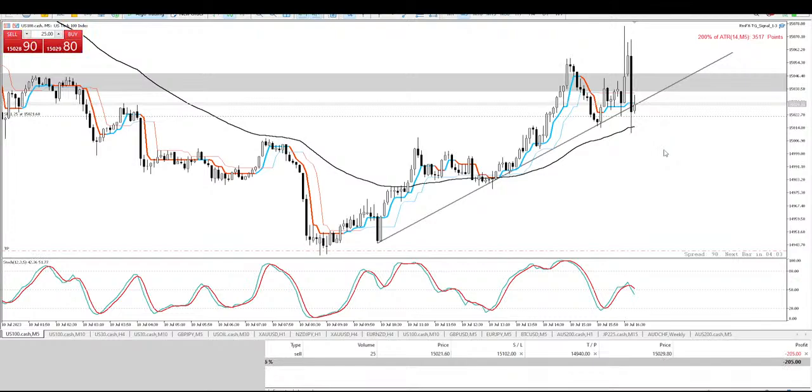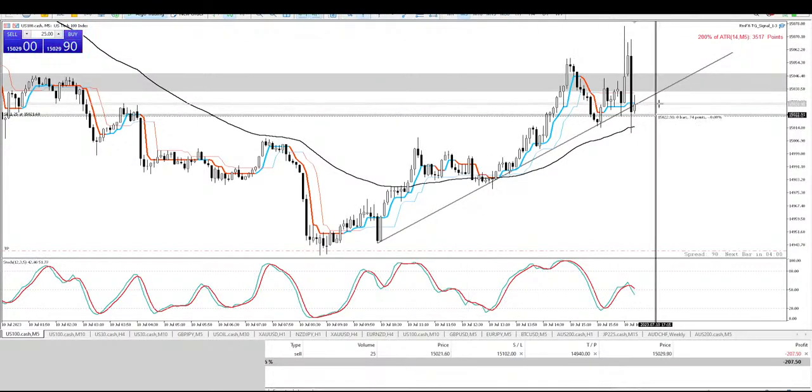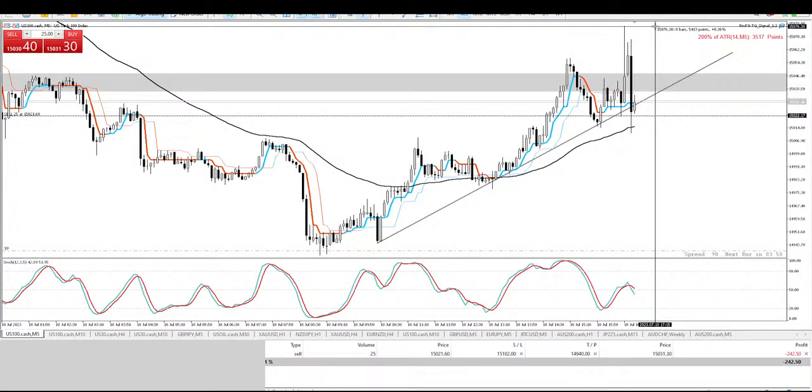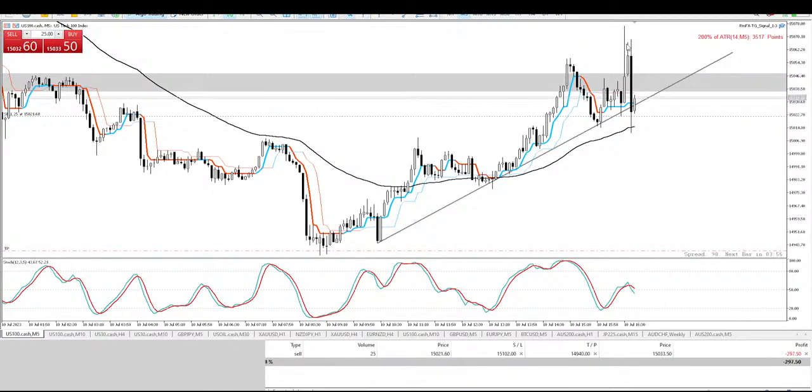If I can get another entry here, I'm gonna reduce my stop loss to about this level here, 15,076.